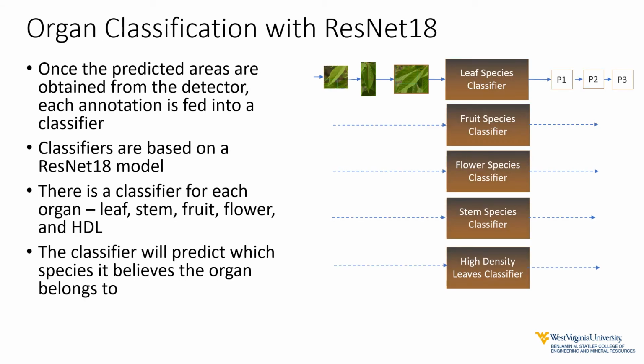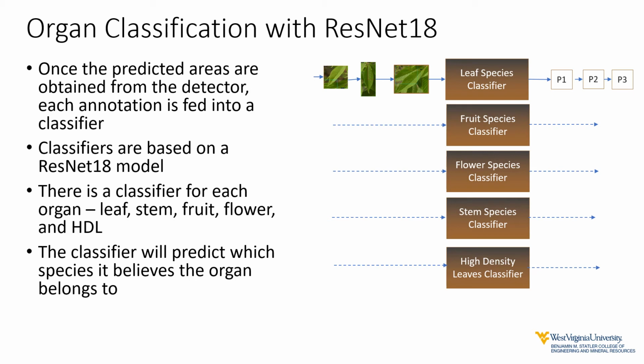For organ species classification, we are using the ResNet 18 model. There will be a species classifier for each organ. Currently, we are only processing those classes with the highest amount of annotations, and we might need to increase the number of layers.